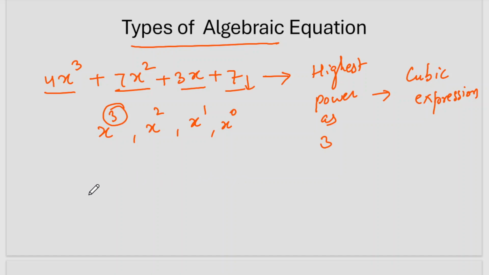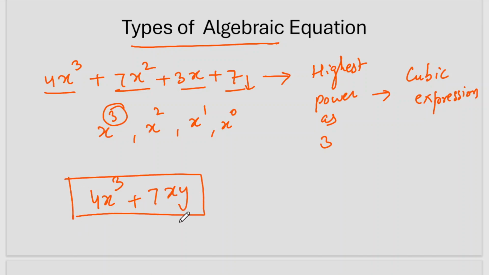Yes or no? So if I ask you 4x cube plus 7xy, what type of expression is this? You will say, sir, this is a cubic expression. Why? Because you can see we have the highest power as 3. Okay, now next.